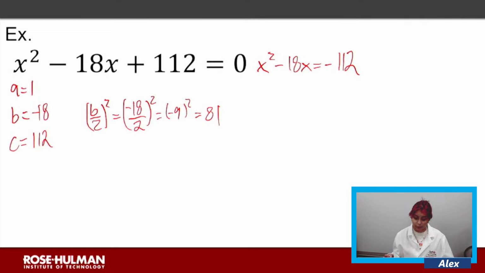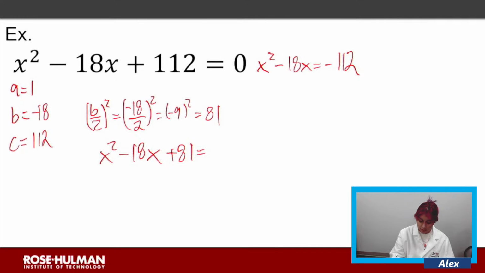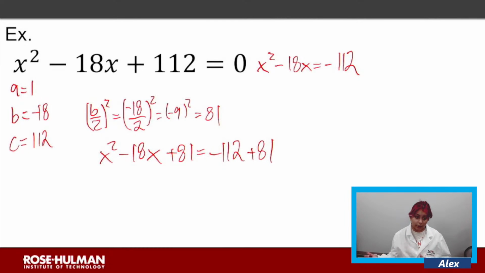So that's our b over 2 squared. Add that to both sides of the equation. X squared minus 18x plus 81 equals negative 112 plus 81. Now we have to simplify and rewrite our equation into vertex form.